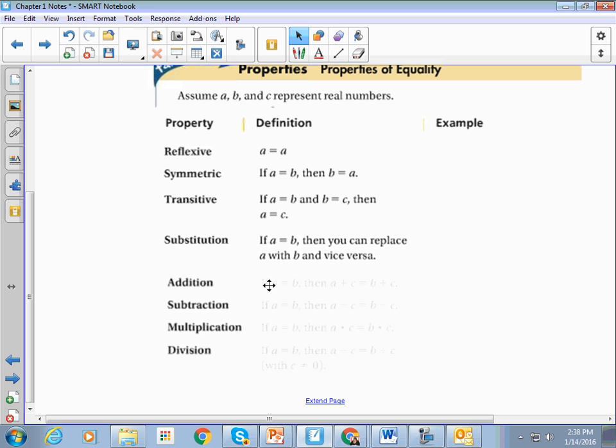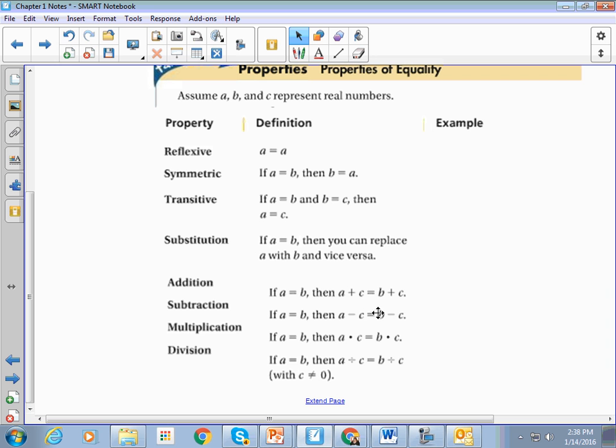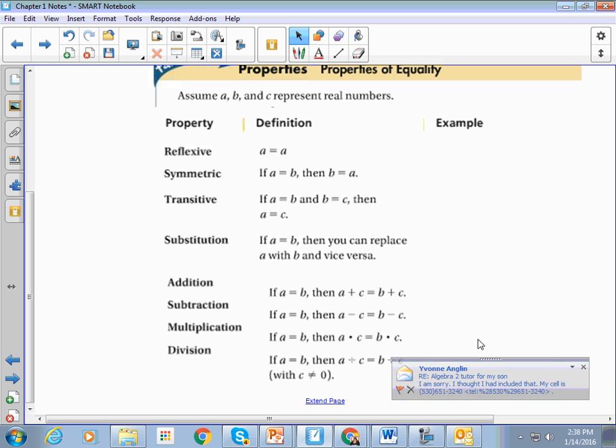I want you guys to come up with your own examples for this. Addition property of equality: if A equals B, then I can add any number C to both sides of the equation and keep my equation equal. Subtraction property says I can subtract any amount C from both sides and still get an equation that is equivalent.